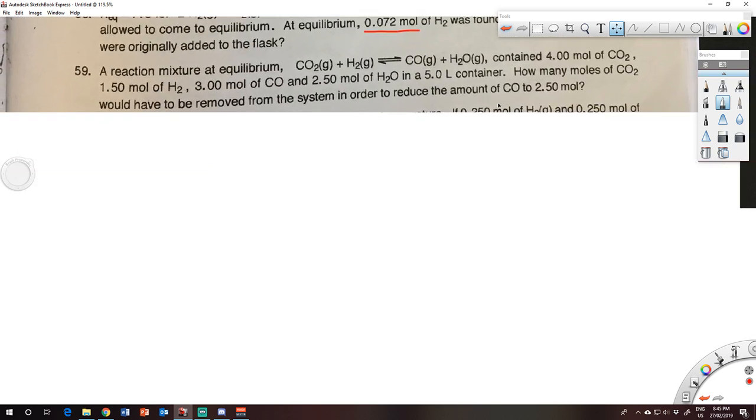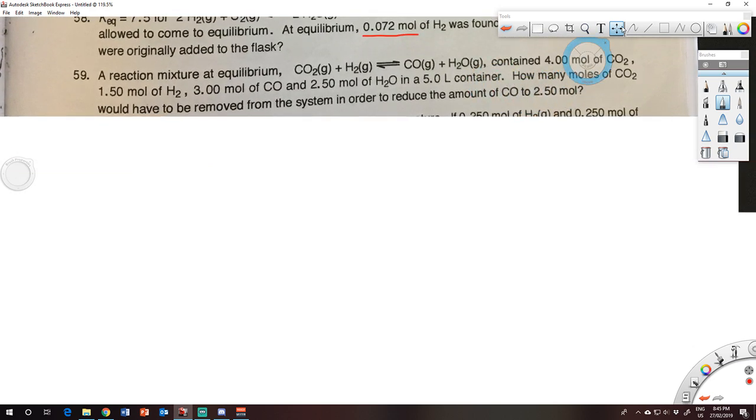Okay, so a reaction mixture as follows. We have a bunch of stuff at equilibrium.